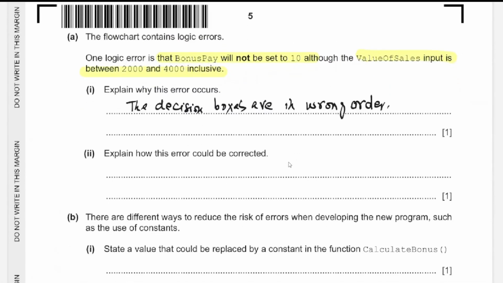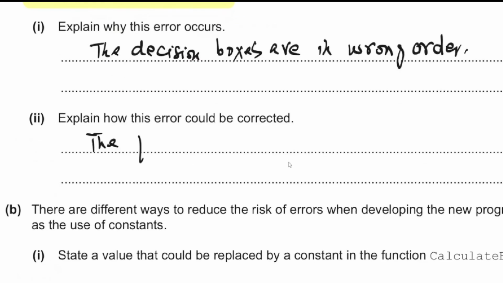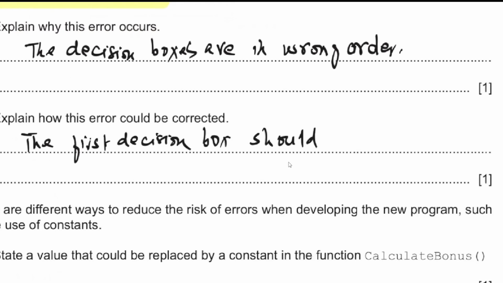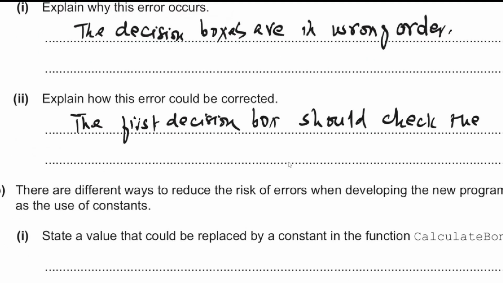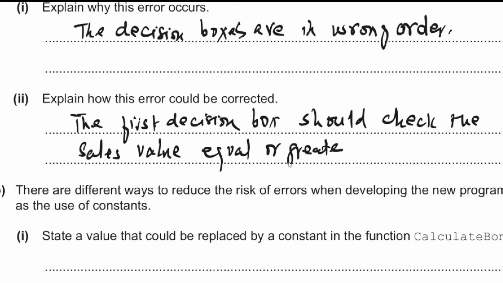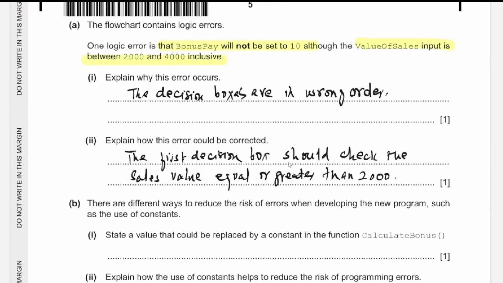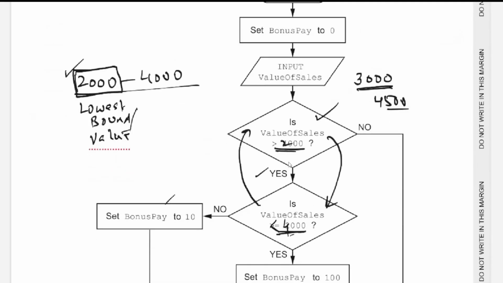As I did, the first decision box should check the sales value is equal to or greater than 2000. So this is what we have to do in it. All right. So this must be corrected.